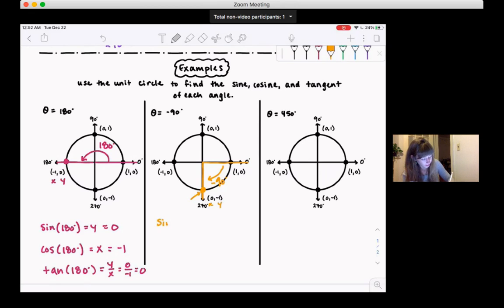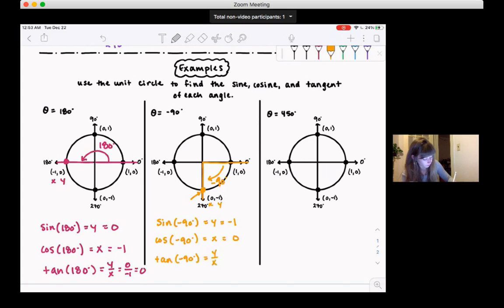Okay, the sine of an angle is the y-coordinate, so sine of -90 is the y value, which is just -1. The cosine of -90 will be its x-coordinate, which is 0, so the cosine of -90 is 0. And now let's look at tangent of -90.